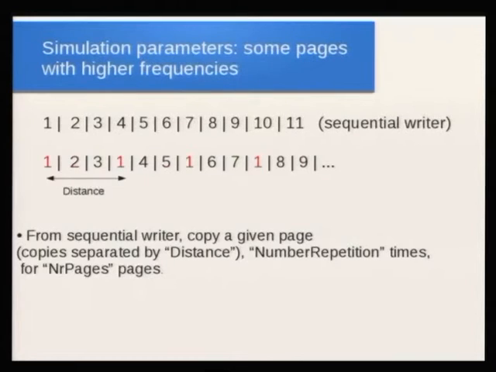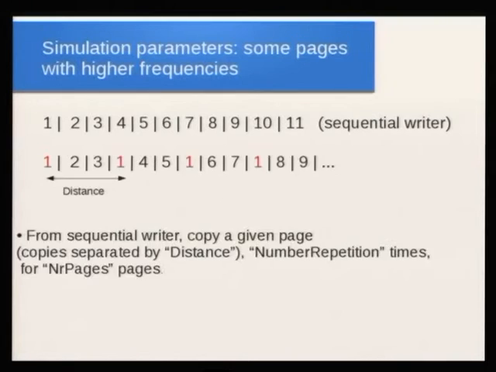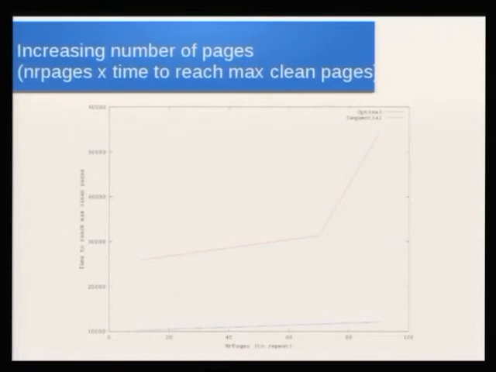Just the ratio of number of pages, which I tried as 3, 5, and 15. So the net is 3 times slower, 5 times slower, and 15 times slower, and the results are similar. What I plotted here are the results for ratio equals 3, but the results are similar.